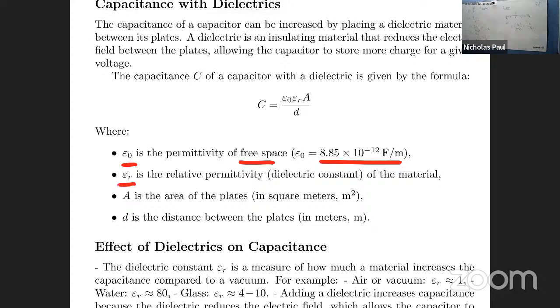Epsilon R is the relative permittivity of the material. So what they do is they compare the permittivity with air. You remember like relative density, you compare it to a substance. Here we compare it to air. So Nalia, what do you think this value will be if I had air in the middle here?